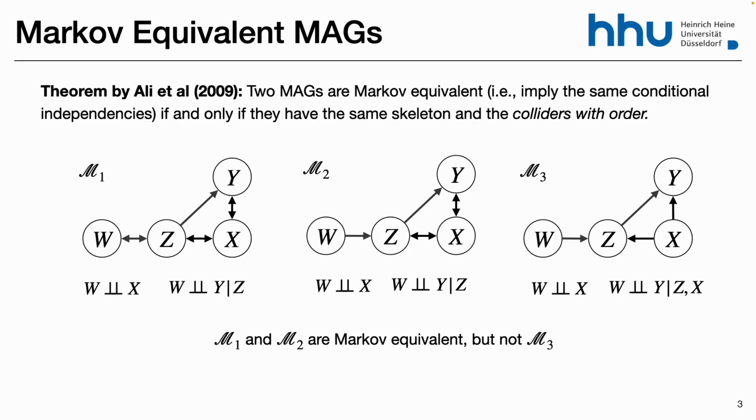But there is a theorem. Remember that in the causally sufficient or Markovian case, we have a theorem that says that if there is the same skeleton and the same unshielded colliders, then the graphs belong to the same equivalence class, right?